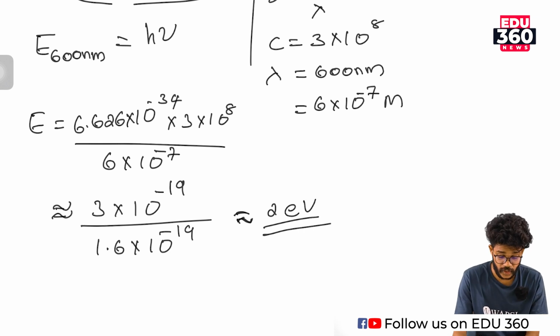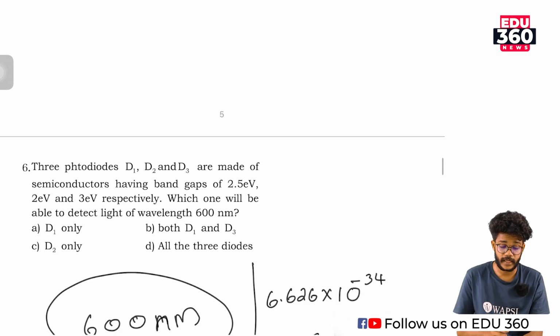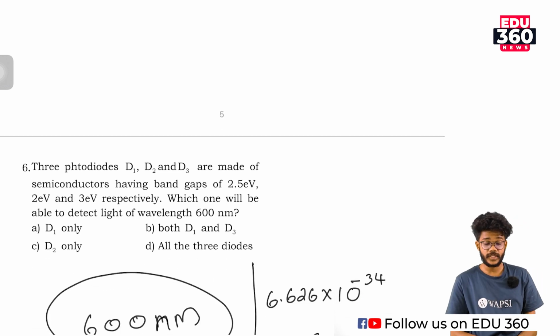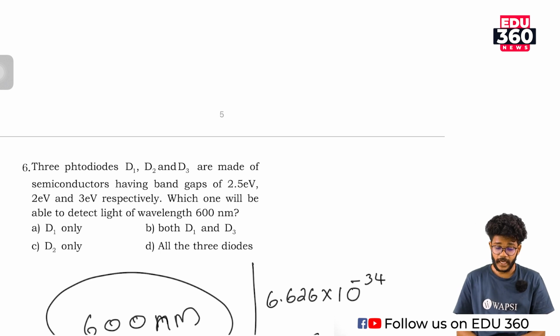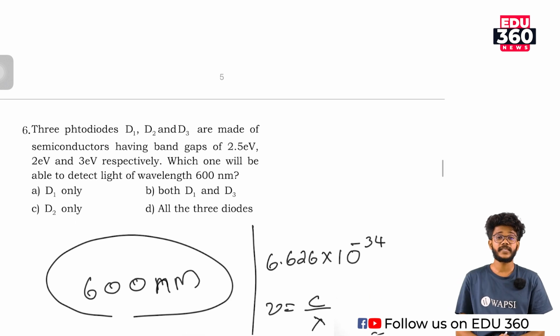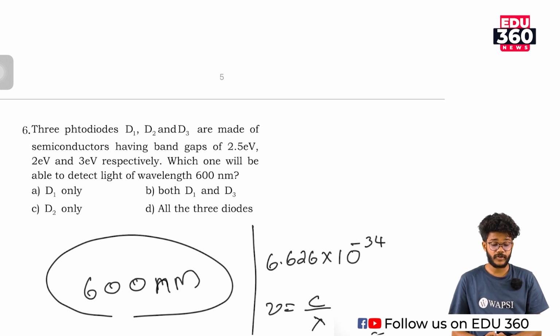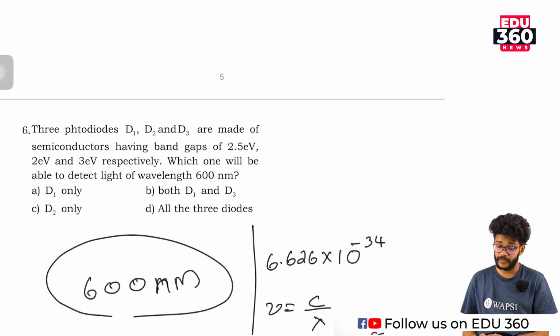So the energy of diode D2 coincides with our energy. In the general case, the energy of the incident wave should be greater than the band gap. So D2 is the only one satisfying 2 electron volt, because the energy of D1 is 2.5.